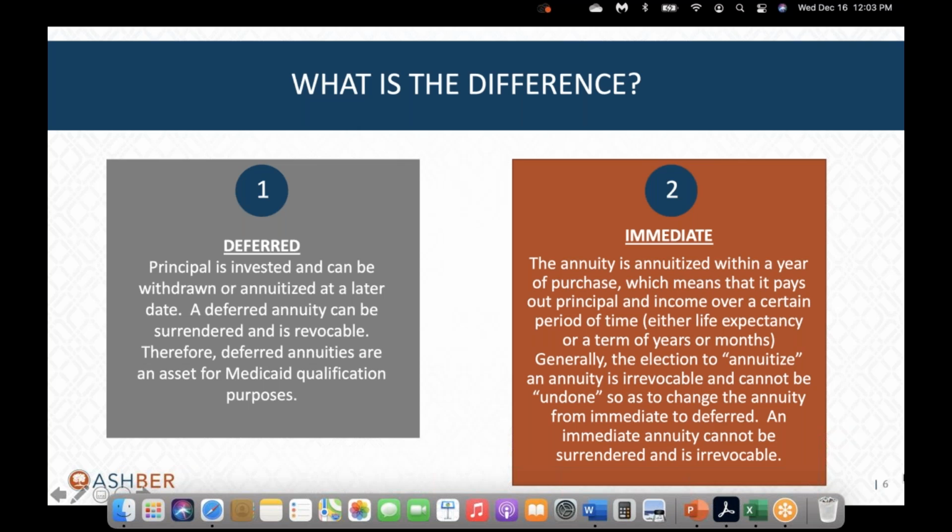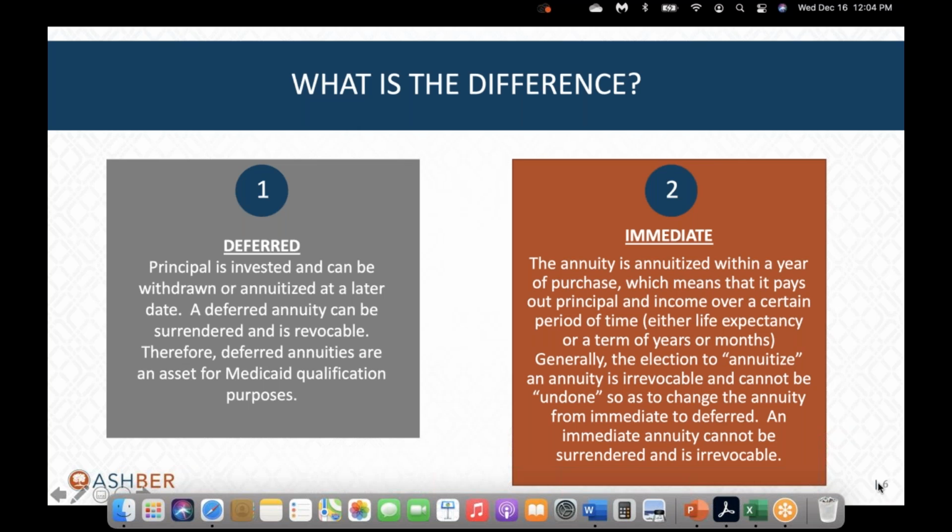So we cannot trade an immediate annuity in for a deferred annuity because it's strictly an income stream once it is annuitized. Because an immediate annuity cannot be surrendered and it is irrevocable, there are many different ways that Medicaid may look at an immediate annuity contract, and it really depends on the language that exists in the existing contract, which is what we're going to be looking at today.